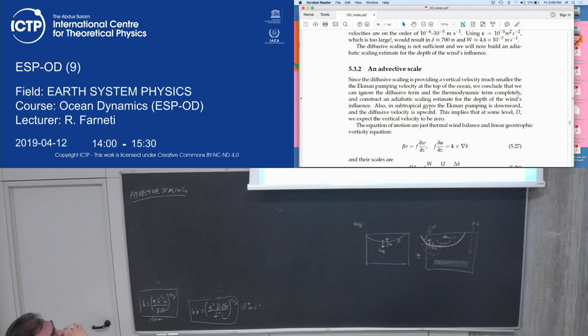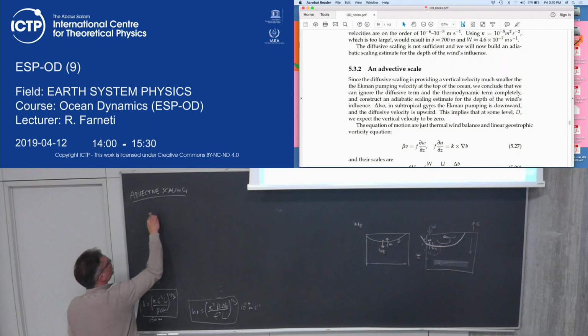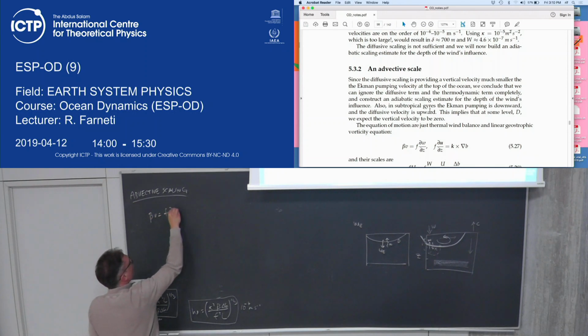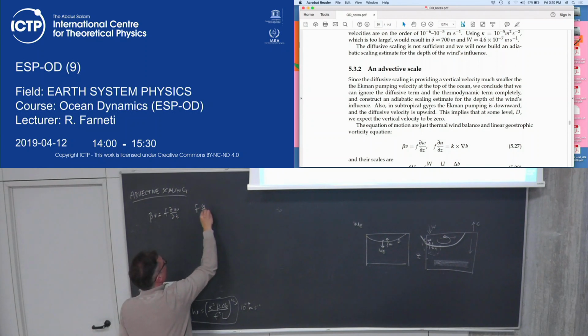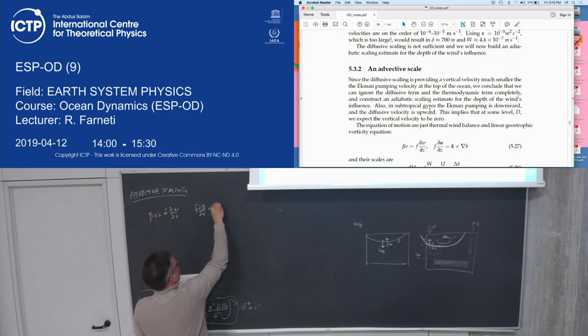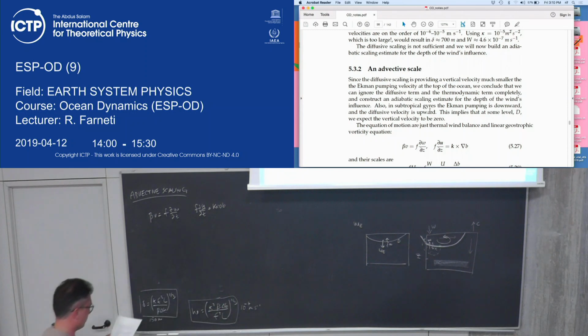So I deleted the equations, but you take the same planetary geostrophic equations, but we said that we're going to ignore the diffusivity terms and the thermodynamic equation. So we are simply left with the second one, which was the linear geostrophic balance and the thermal wind. Right? So we deleted the thermodynamic equation.